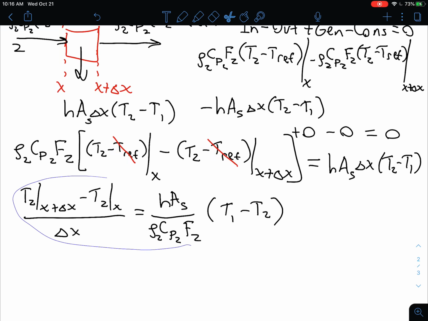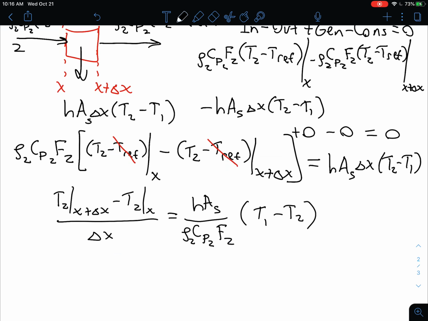And now if I take the limit as delta x goes to 0, what I'm going to get is dT2/dx equals, by the way, I don't feel like writing this out, I'm just going to call this alpha 2, some constant in my system.